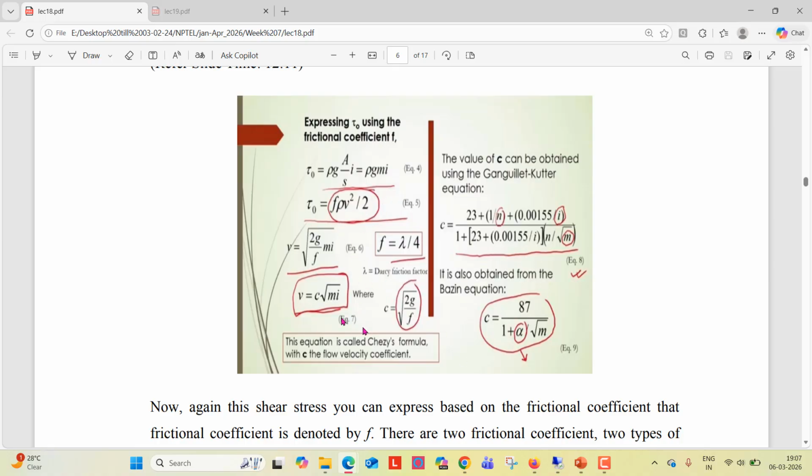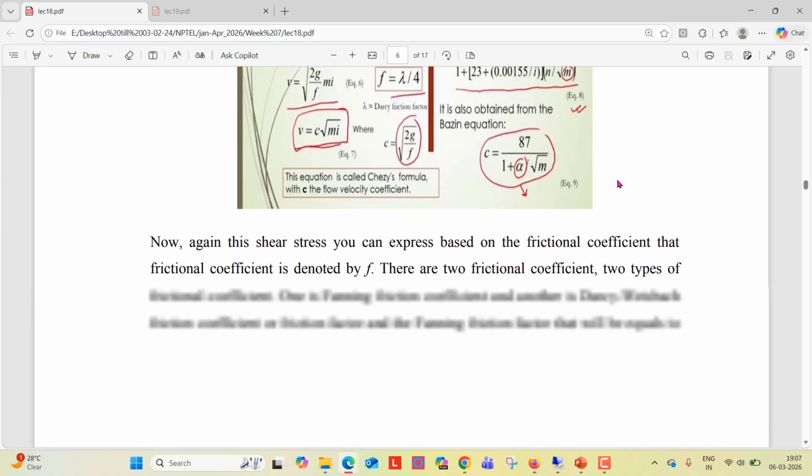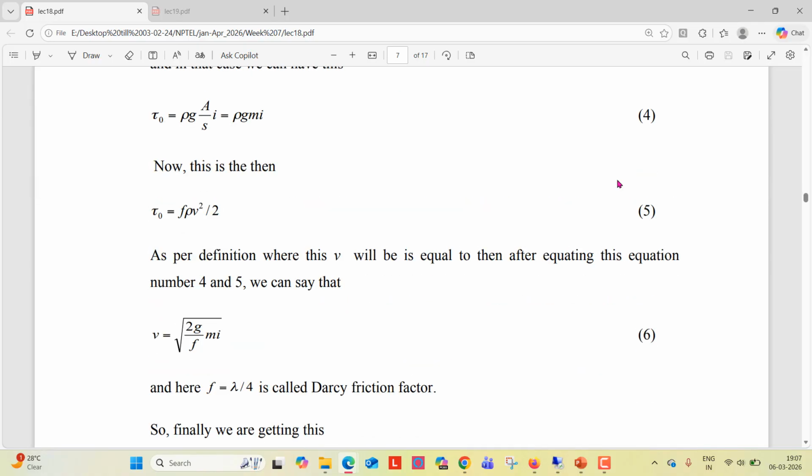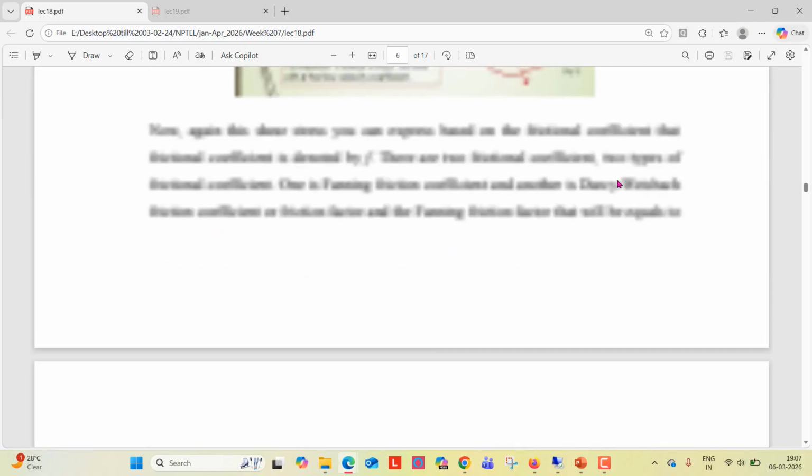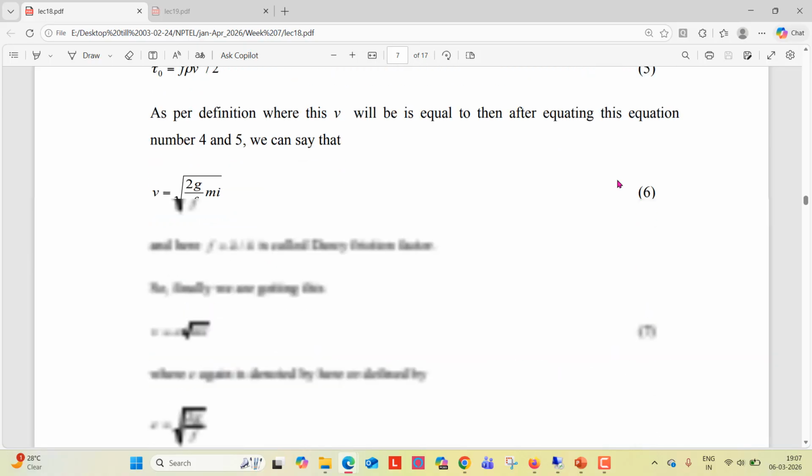And this C is root over 2g by f, and this is called the Chezy formula. It has been varied depending on different experiments, and throughout the years different scientists have defined this C value with their own experimental values, and found some empirical equations.